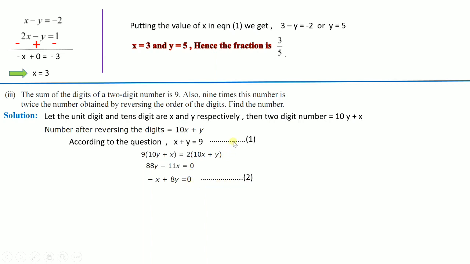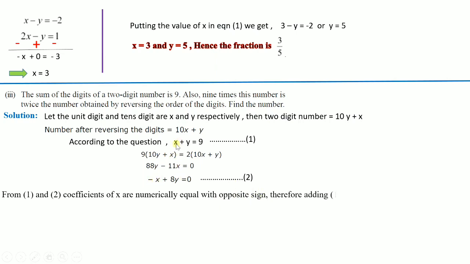Equation number 2. Now here we have equation number 1 and equation number 2. The coefficients of x are numerically equal, its coefficient is 1, and its coefficient is also 1, but with opposite sign. Opposite sign means this x is of negative nature and this x is of positive nature.